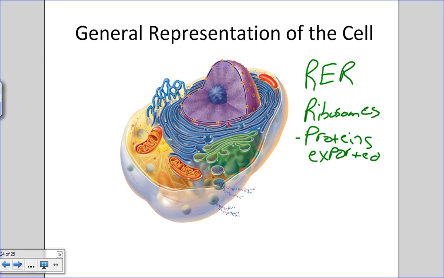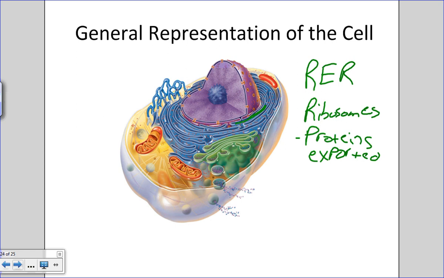And you'll notice that the rough endoplasmic reticulum has a lot of folds. It's a very folded organelle, and as it folds like this, it basically allows us to conserve space. So you notice we can store a lot of ER within the cell. That's all you really need to think about this.